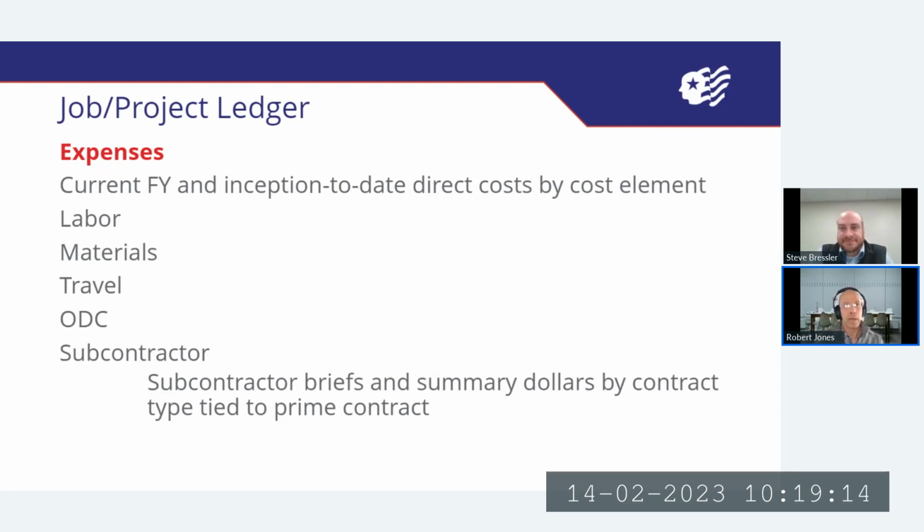Take a note there at the bottom of this slide when we talk about subcontractors that we do need subcontractor briefs and summary dollars by contract type that's tied to the prime contract. So that's where on Schedule J, where we report the subcontracts that we've issued, we need to be able to associate those dollars on Schedule J back to the claimed dollars on Schedule H, right?